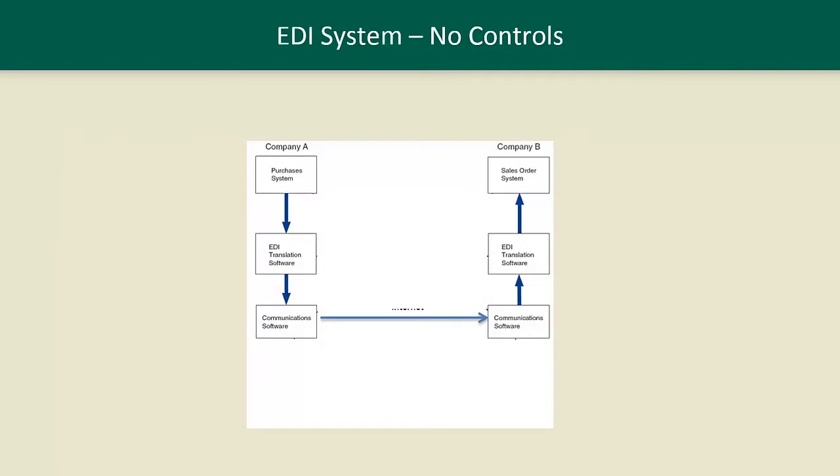Okay, let's start with EDI, Electronic Data Interchange. So in its barest format, as we see here, it's simply one company talking to another company, company A, company B. Company A is the parent company, B might be the supplier. So A needs more inventory. It generates in its computer system a purchase order through the purchase system application.